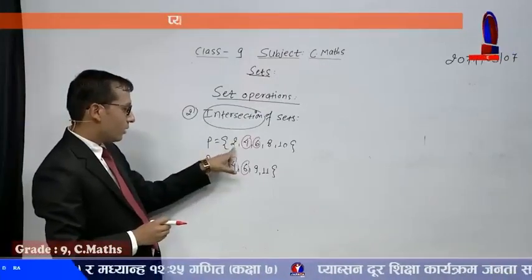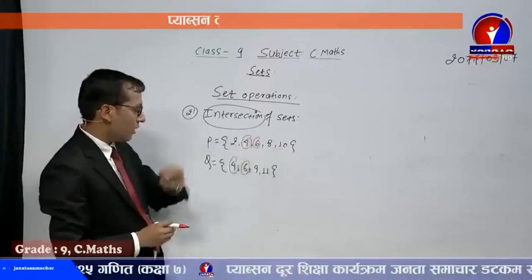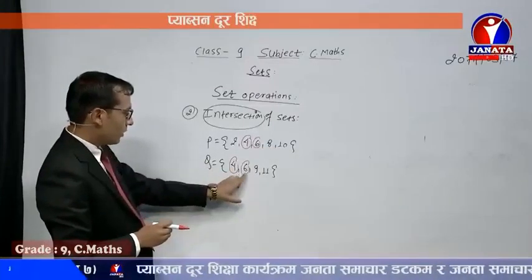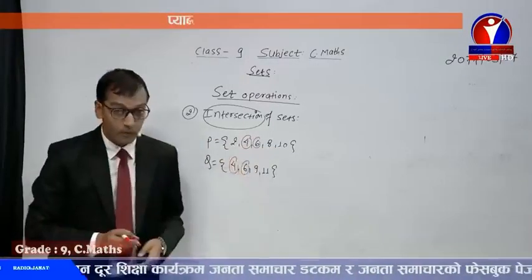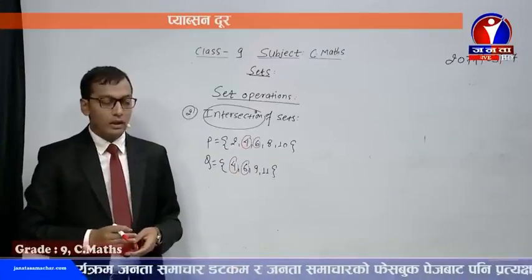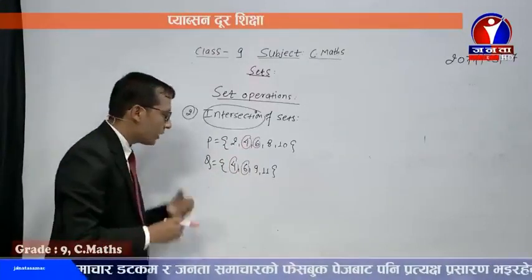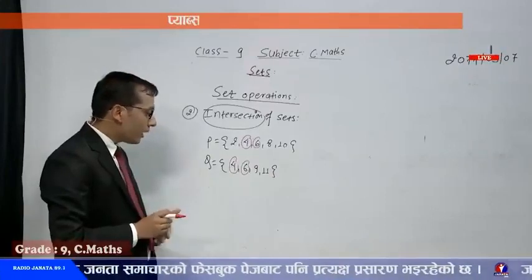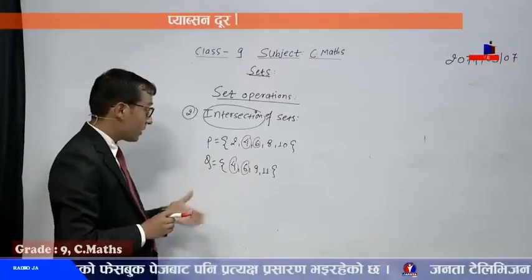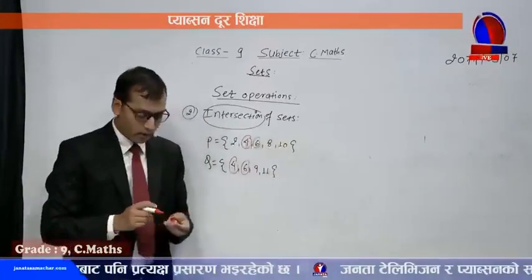What are the elements of P? 2, 4, 6, 8 and 10. What are the elements of Q? 4, 6, 9 and 11. So in these two sets we can easily identify the common elements. Let's write these common elements under intersection of sets.